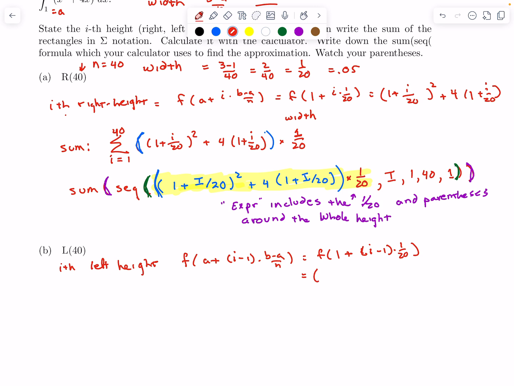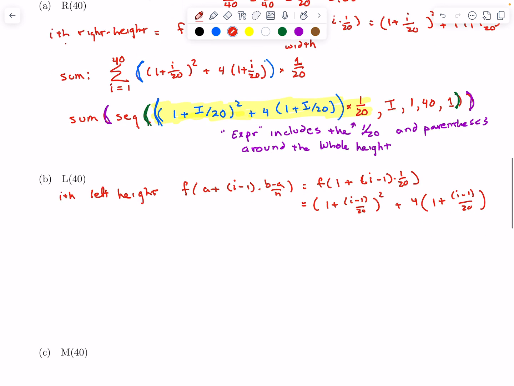So when you're typing it into your calculator, you don't need it for the notation here, but you do need it when you're typing into your calculator. Okay, so what's the sum? Extra parentheses around the whole height.